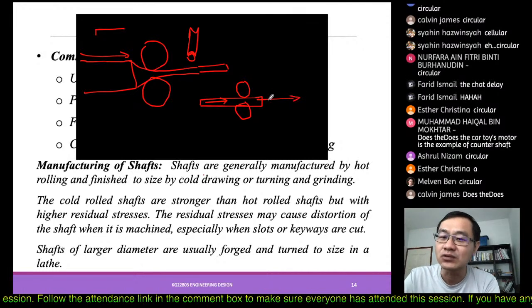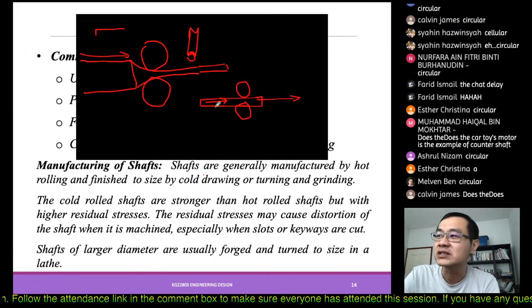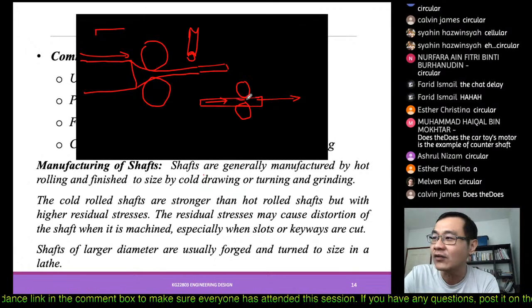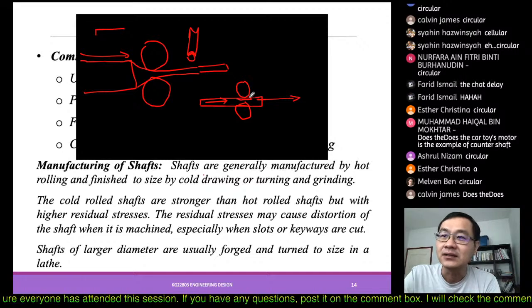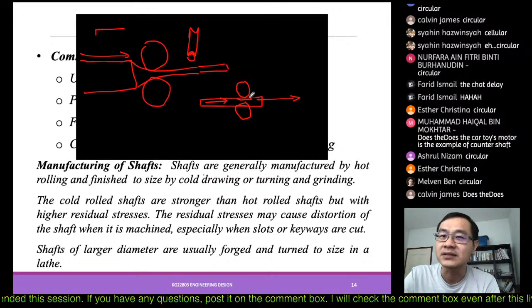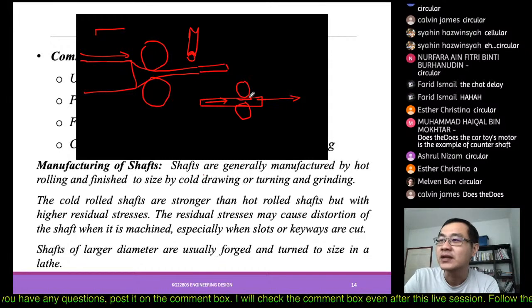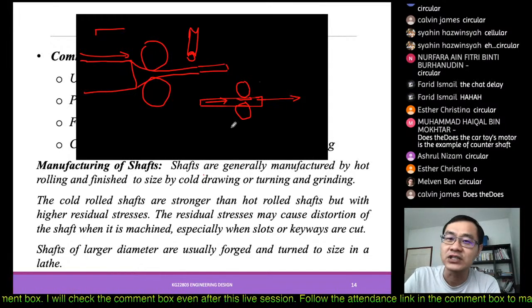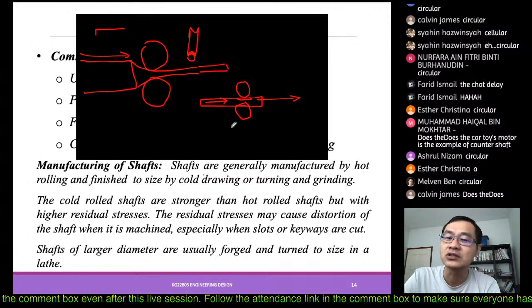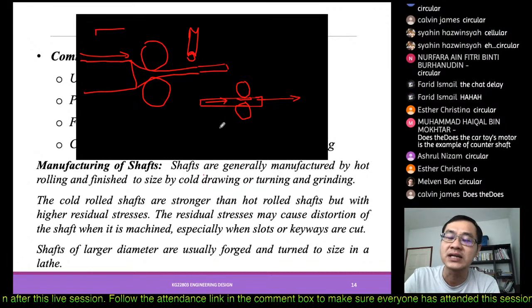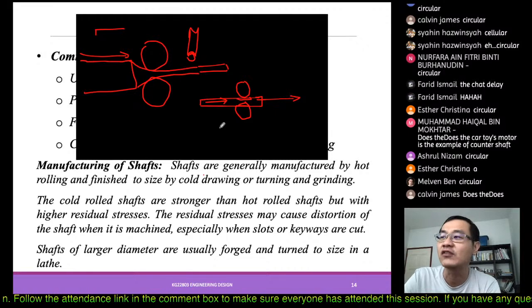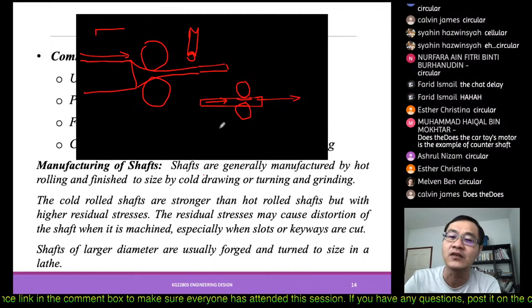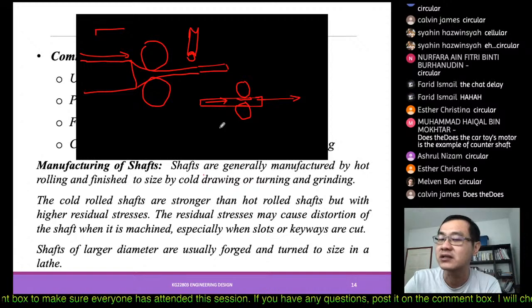When it is being rolled, the surface of this shaft will be getting better, because it's being compressed and removes other things. Sometimes if we want, we may also do a kind of finishing, like we grind it. We do turning, meaning we are using a lathe machine to produce different kinds of diameter or reduce the diameter of your original steel round bar.